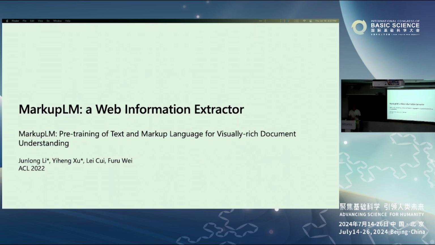So we talked about 2 papers on document images, and after that, I started to think about how to further extend this direction to more different data. So here is another one called MarkupLM. It's a web information extractor. So you can actually think about different types of data.